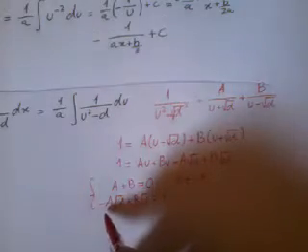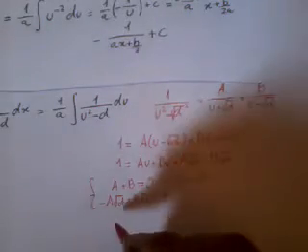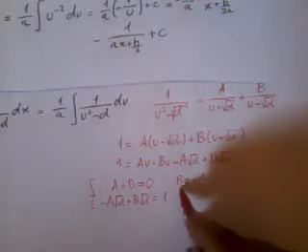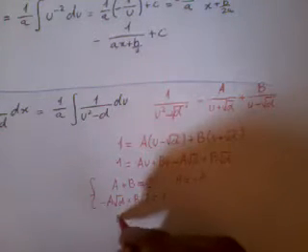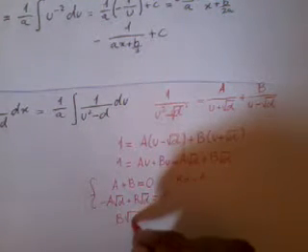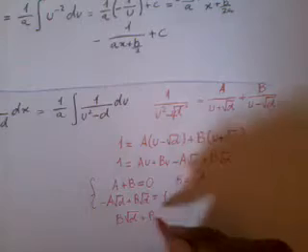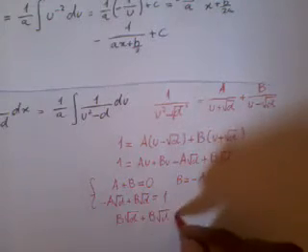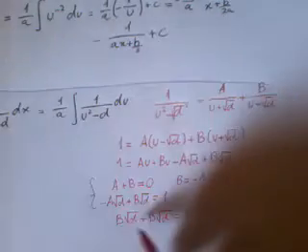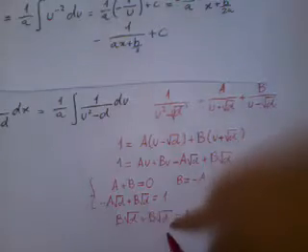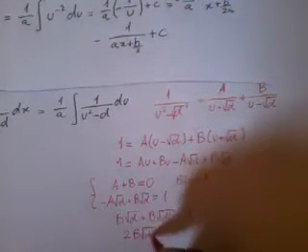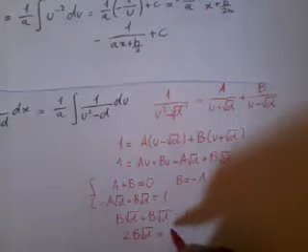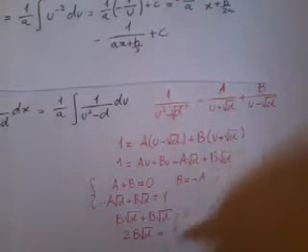So b is equal to negative a. So b root d plus b root d is equal to 1. We want the value of b. So 2b root d. Sounds funny, 2b root d.